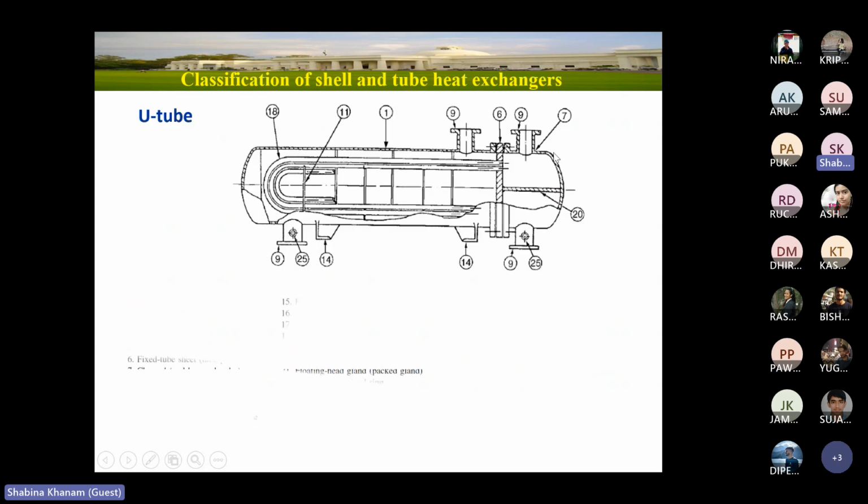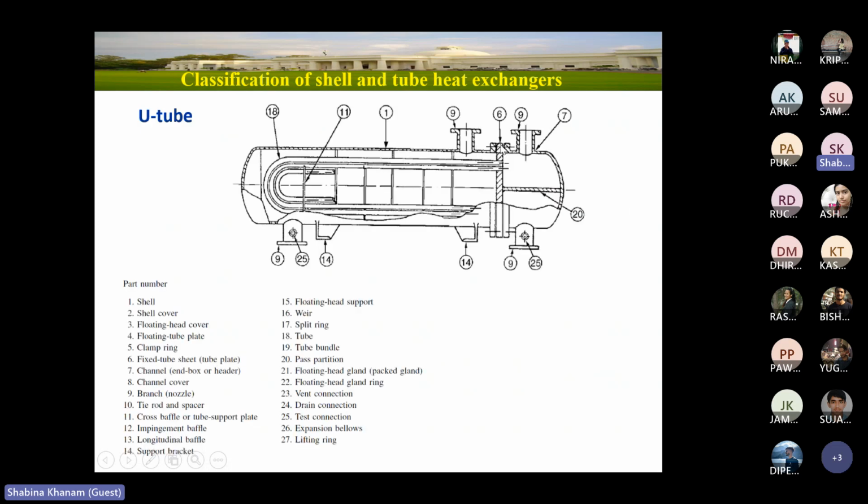However in this case we have only one tube sheet. On this side there is no tube sheet, because the tubes do not end over here, they return back, and the second part will be welded over here only.